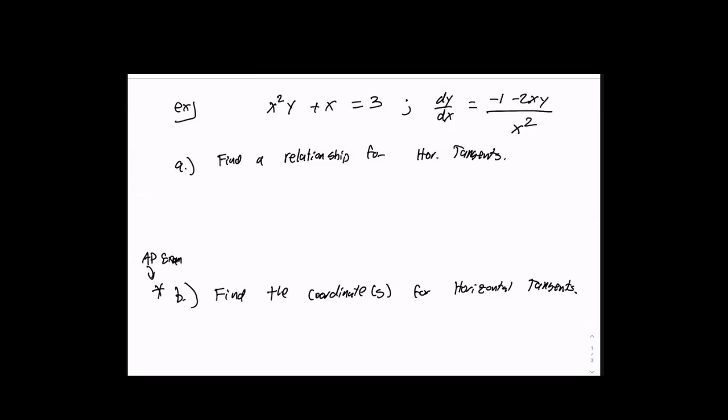When I read this, and this is something that we'll do as we practice closer to the AP exam, when I see horizontal tangent for implicit, what is it that I want to write down on my paper? What is the mathematical relationship that I have? dy/dx equals 0.